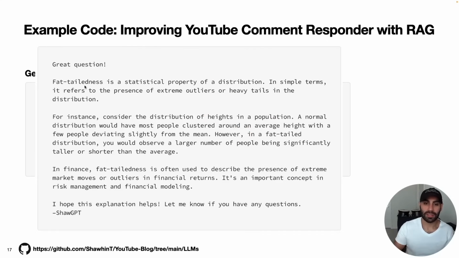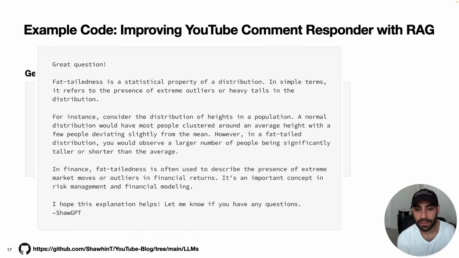This is what the model says without any context from the RAG system. "Great question. Fat-tailedness is a statistical property of a distribution. In simple terms, it refers to the presence of extreme outliers or heavy tails in the distribution. For instance, consider the distribution of heights in a population. A normal distribution would have most people clustered around an average height, with a few people deviating slightly from the mean.